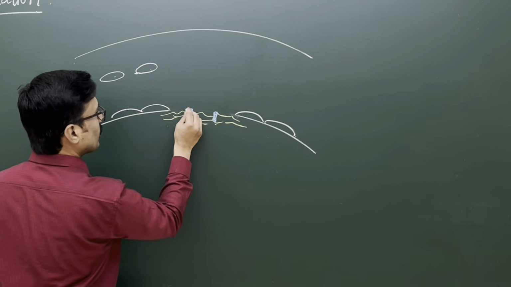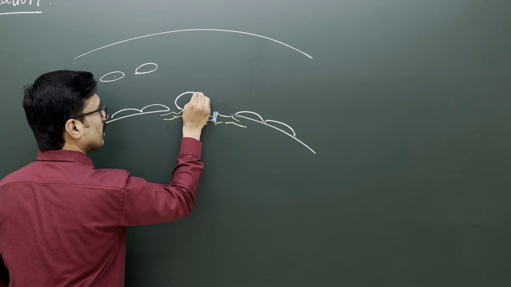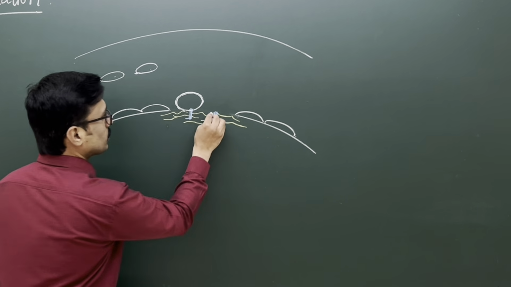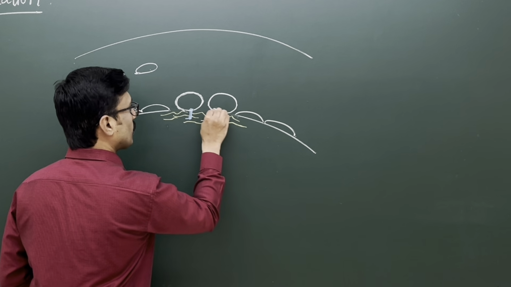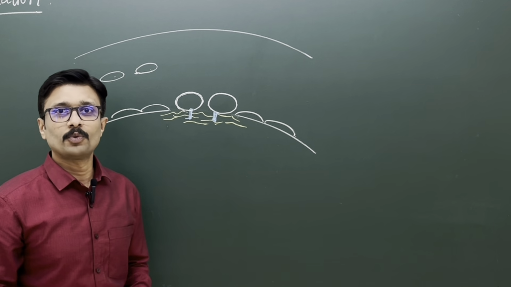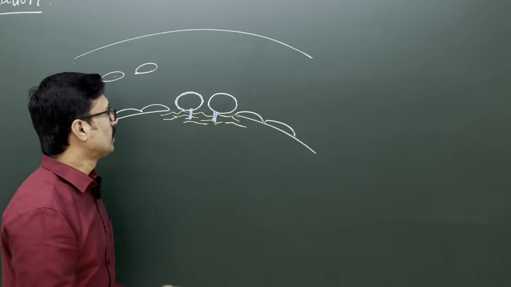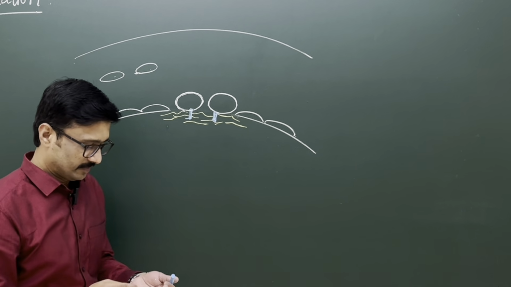So these platelets now will come and bind to the exposed collagen and von Willebrand factor. In the last lecture I explained the different receptors through which platelets stick to von Willebrand factor and collagen.